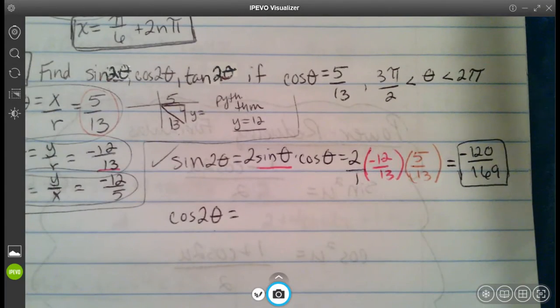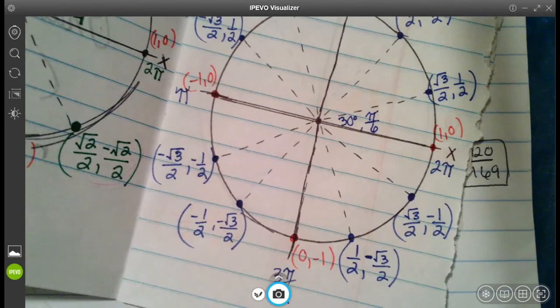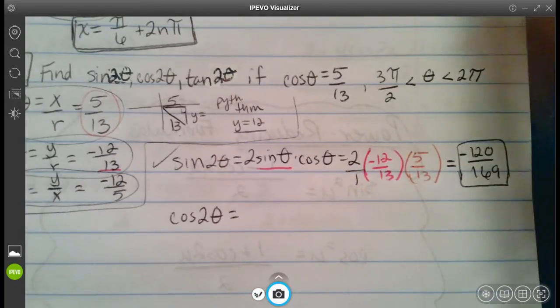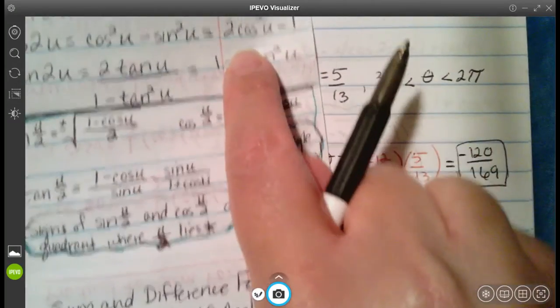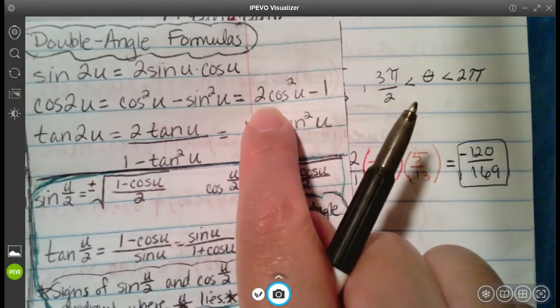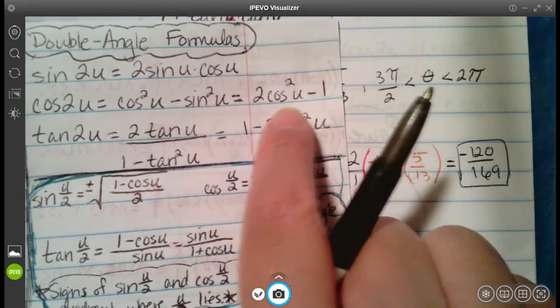Which one should we use? I think I'm going to use the 2 cosine squared theta minus 1. Let me move that away. So for cosine 2 theta, I'm going to use this one right here. I couldn't remember the one that I used. I had to go back and look, but this is the one I used.